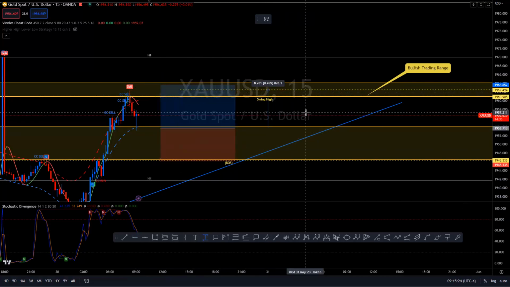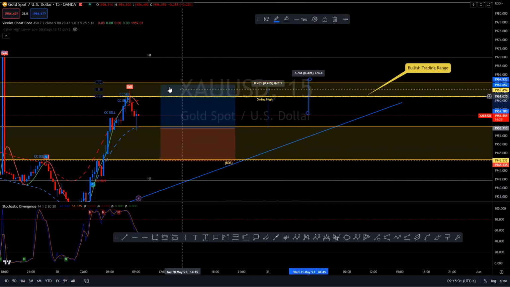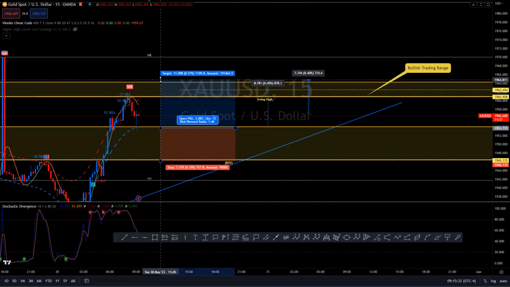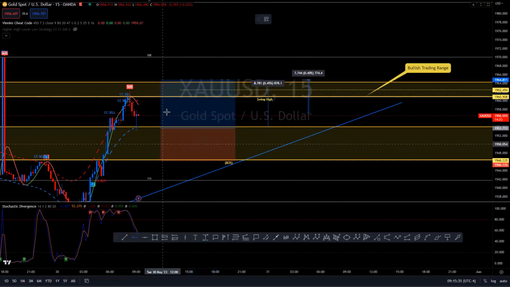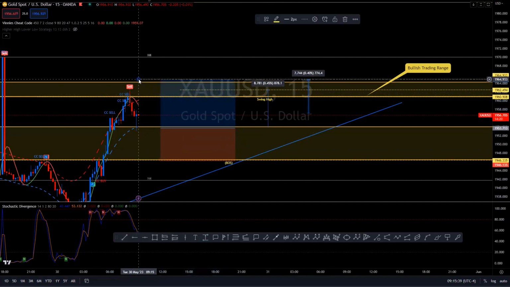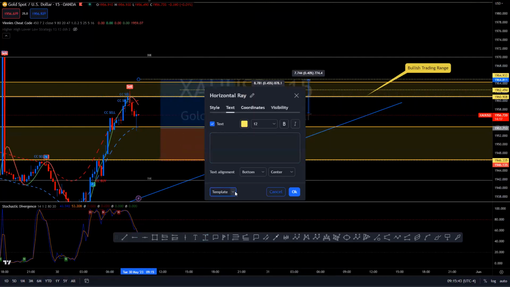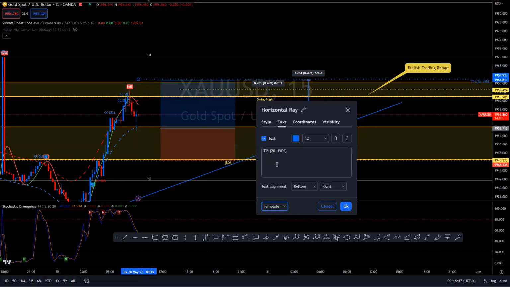Now, if it goes from this candle all the way up to here, then I'm getting at least all the way up to here. Yeah, that's going to be my TP then. TP1, this is over 770 plus credits.